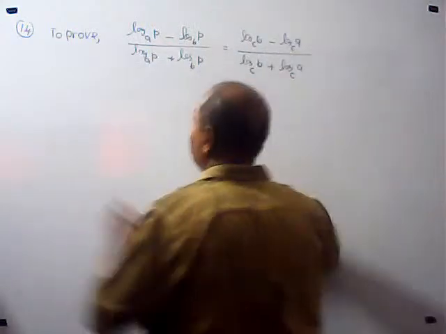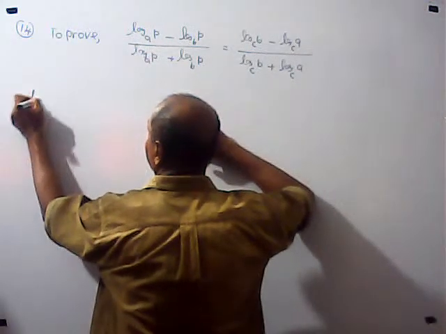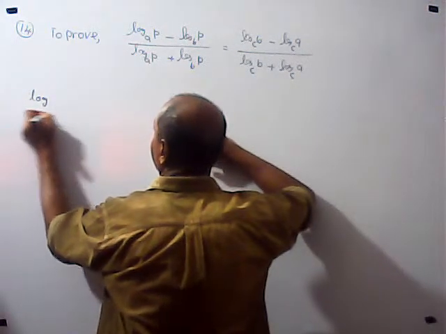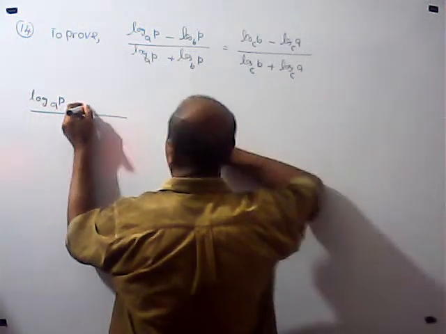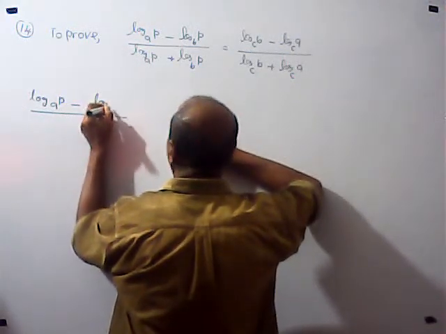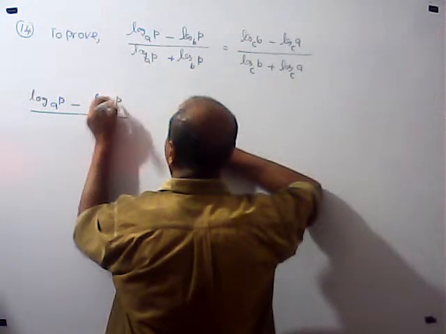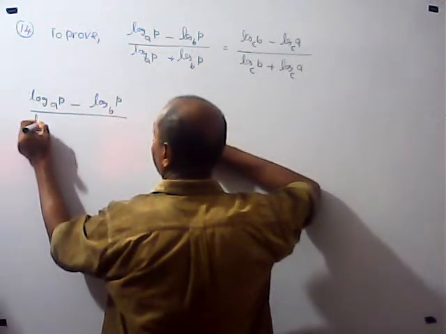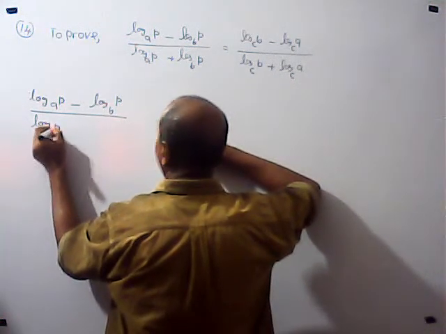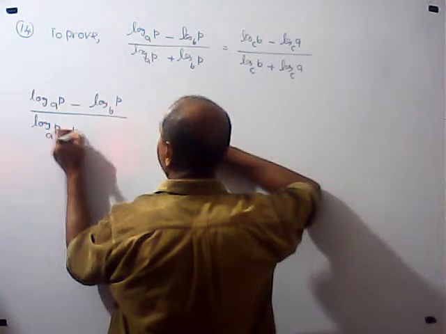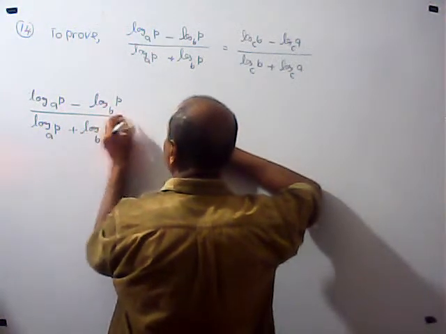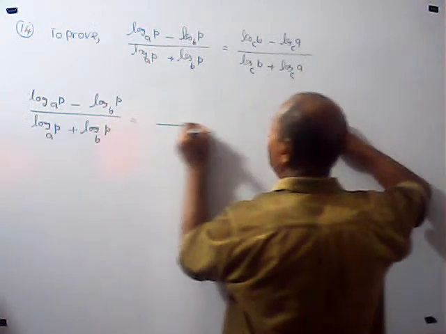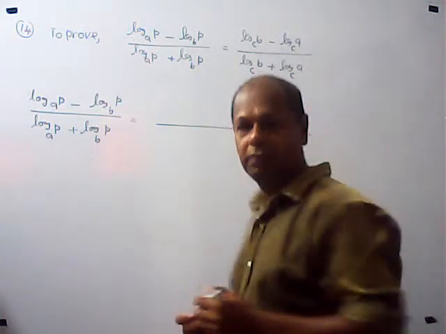Let's start from the left hand side. We have to make this P disappear and at the same time bring some C from outside. What do we do for that? We have a rule.